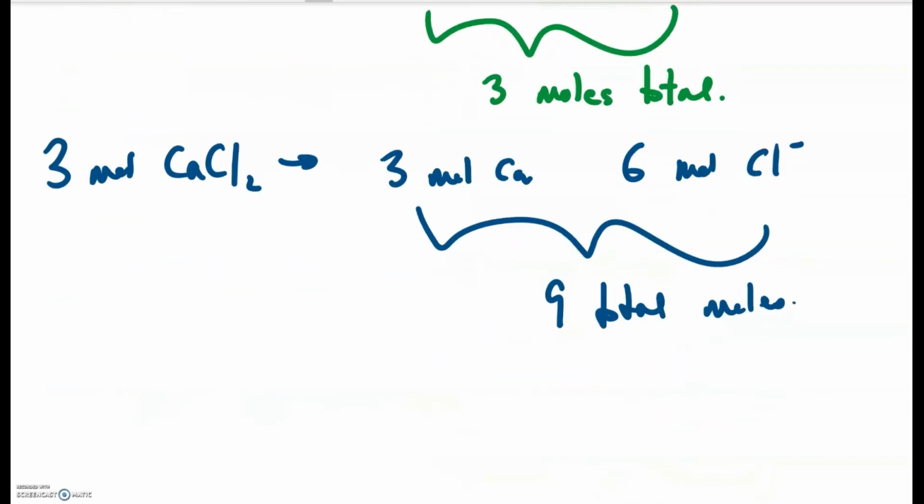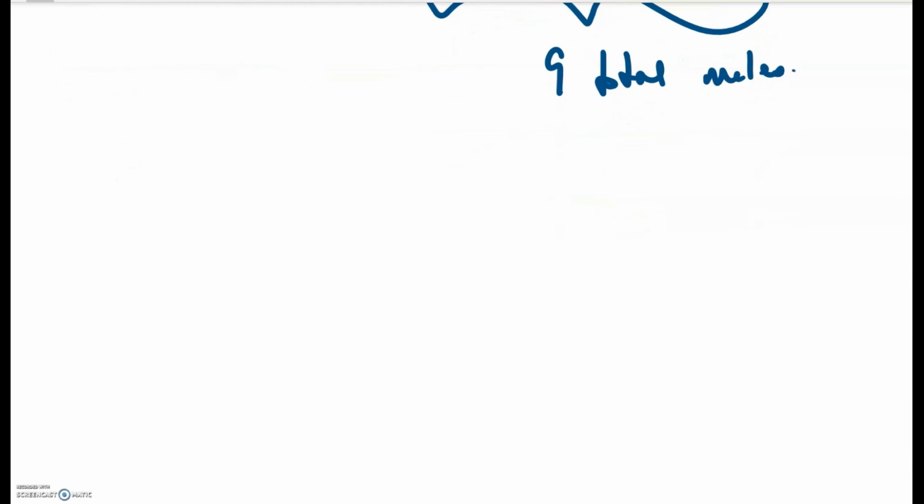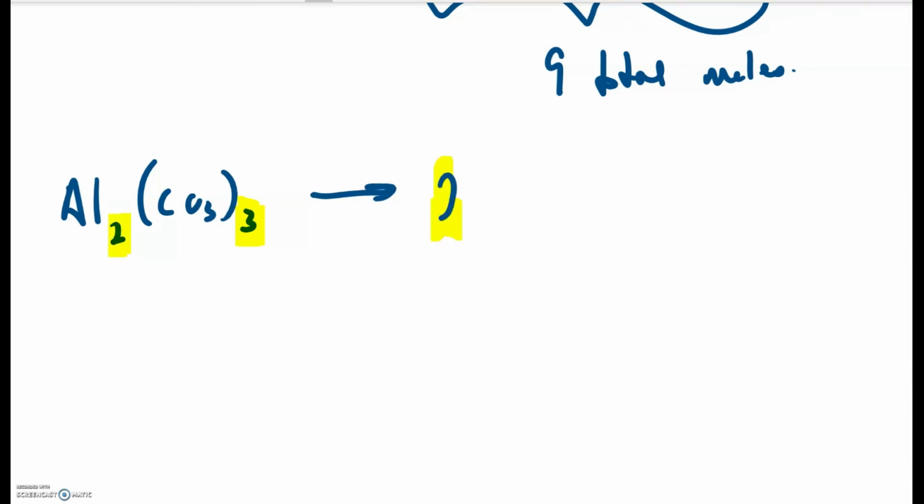Remember that when we do this with molecules that involve polyatomic ions, like for example, say aluminum carbonate, which looks like this, that these parentheses mean this subscript applies to the entire molecule. So when aluminum carbonate dissociates, you get 2 aluminums and 3, remember this subscript 3 applies to the entire polyatomic ion, 3 carbonates.